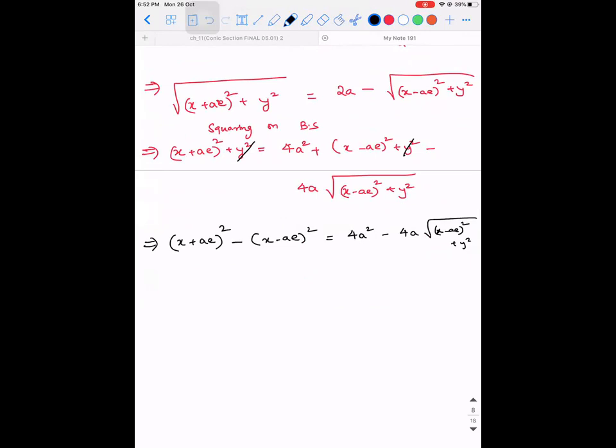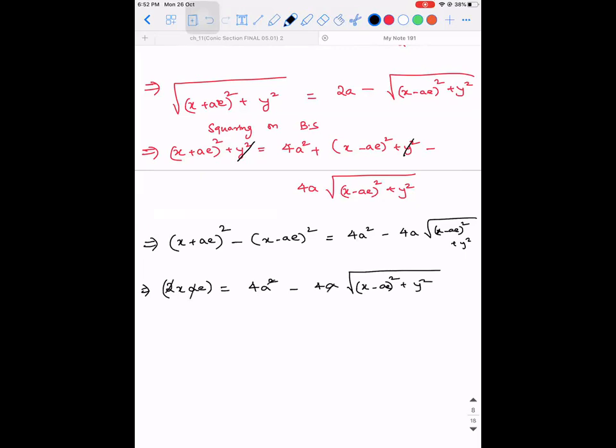So what is (A plus B) the whole square minus (A minus B) the whole square? That is 4AB. So 4aex is equal to 4a square minus 4a into root of (x minus ae) the whole square plus y square.